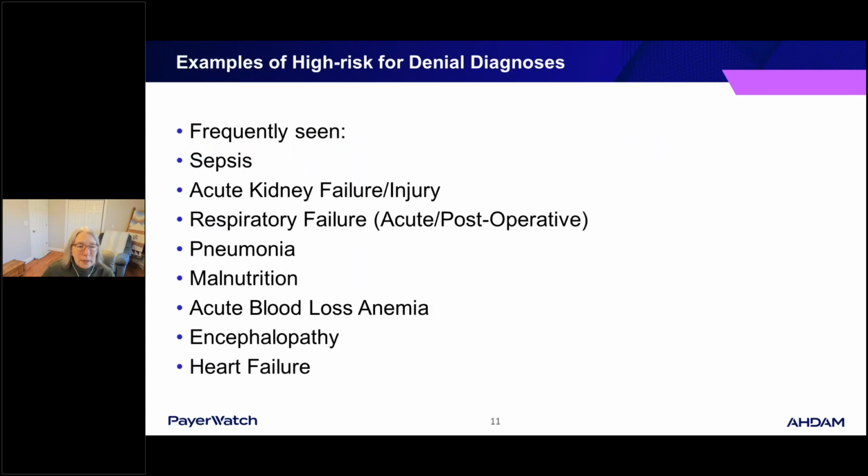Okay. So some of the high risk, I was going to say that clinical validation denials are very, very close to a very close second to medical necessity denials. Medical necessity denials, for necessity of services and whether or not the patient should have been in inpatient status, are still the number one denial that we're seeing coming out of hospitals, but clinical validation is now a close second.